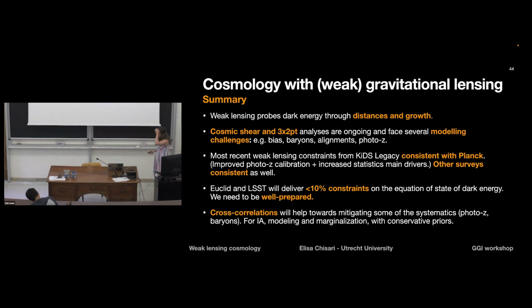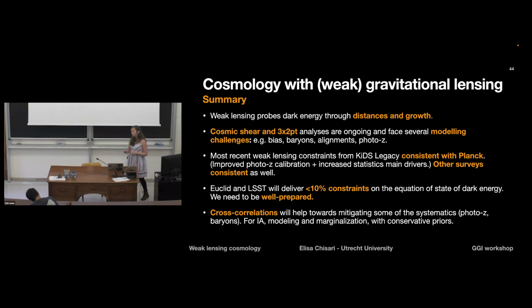Okay, so I'm going to summarize now. Lensing is a very promising way to probe distances and growth. We're doing that with cosmic shear and 3x2 point. There are still some challenges to solve for stage 4, but we're actively working on most of them. The most recent lensing results are all consistent with Planck.